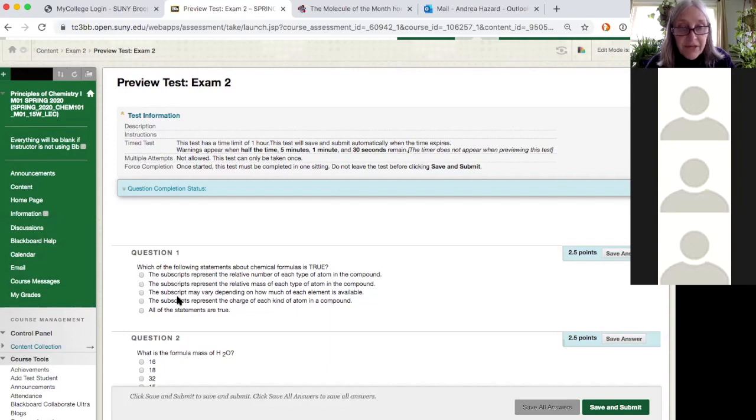The subscript may vary depending on how much of each element is available, and that is not true because by definition, a chemical compound, which is indicated by a formula, has an exact number. It's always going to be the same. And the subscript represents the charge, and that is also not true. You can figure out the charge, but it does not directly represent the charge.